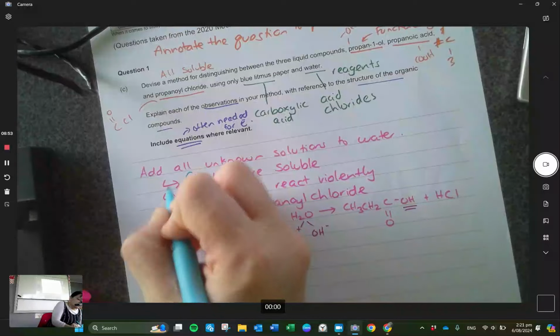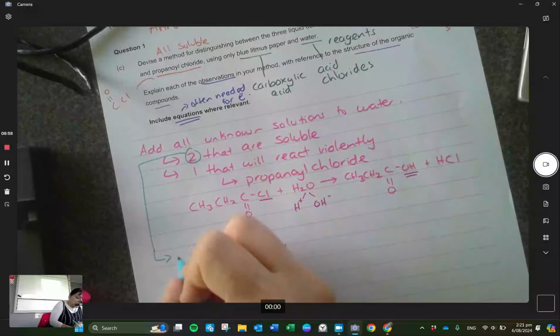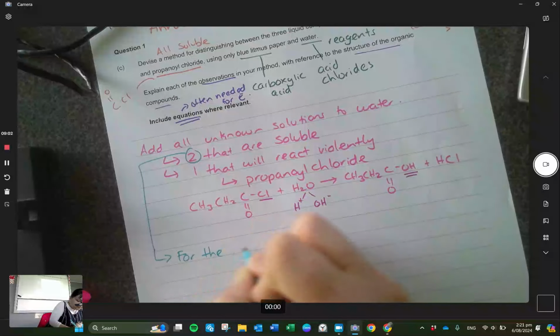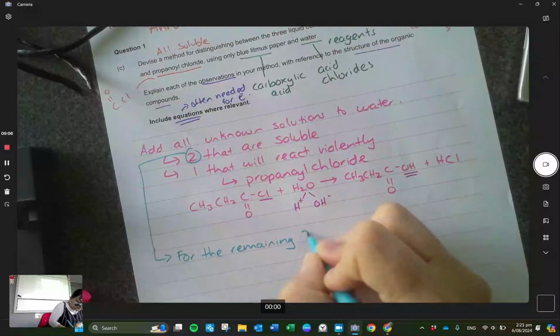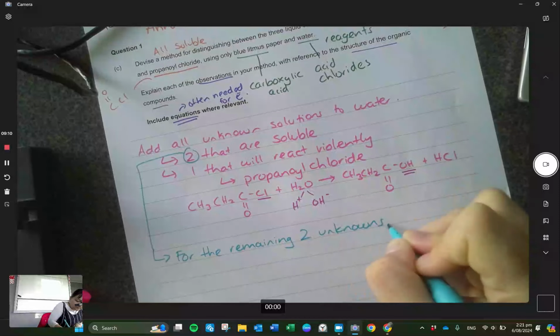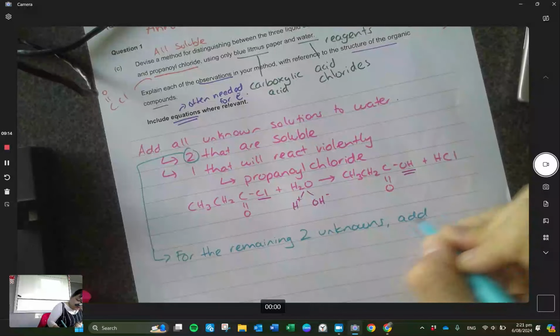So if I was to take these two, my next step would be, for the remaining two solutions, blue litmus paper.